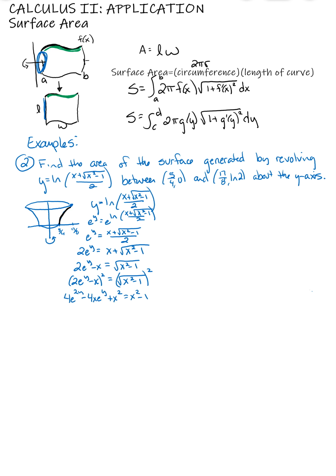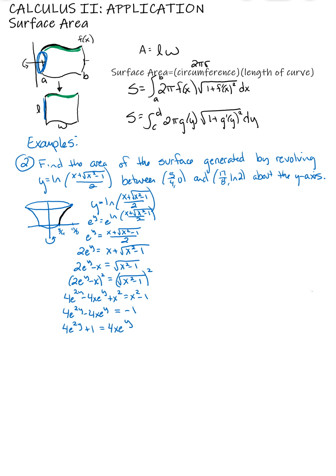Now if I subtract x² from each side, it goes away, which is kind of nice because then I just have an x in one spot. So now we need to simply isolate that x. First, let me add 1 to each side and add that 4x e^y to each side. I really just did that so I don't have to worry about those negatives.